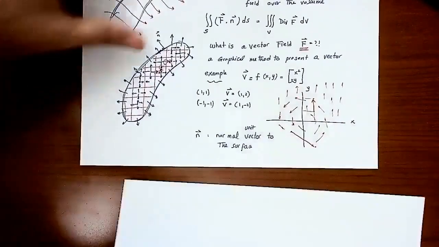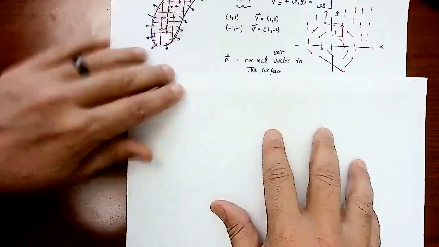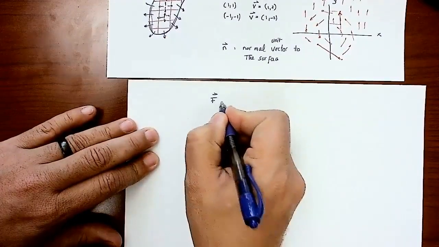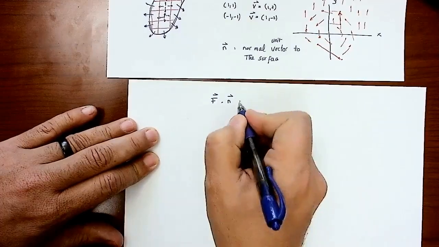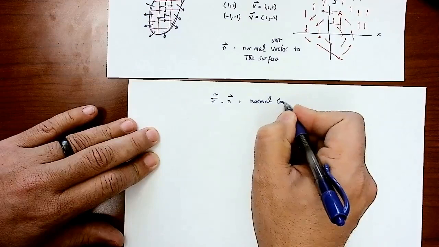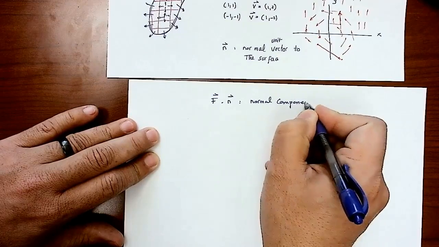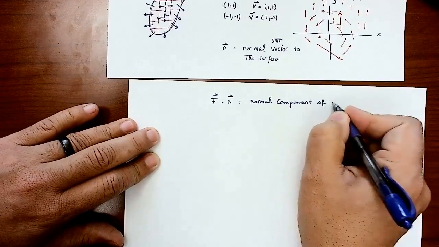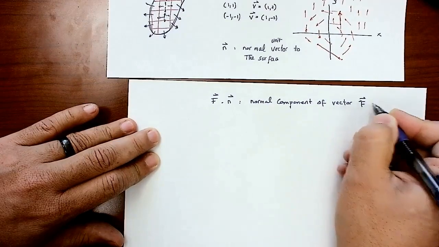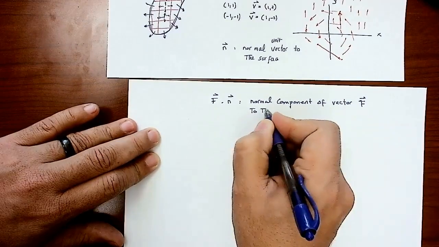Because if you go back to vector calculus, you will find that F dot n is simply the normal component of vector F to the surface.